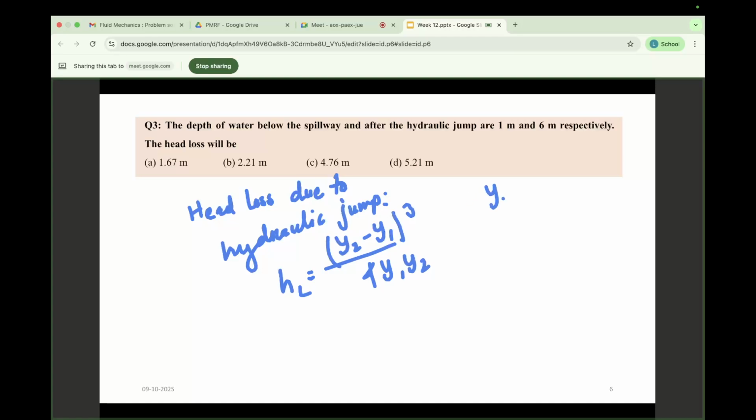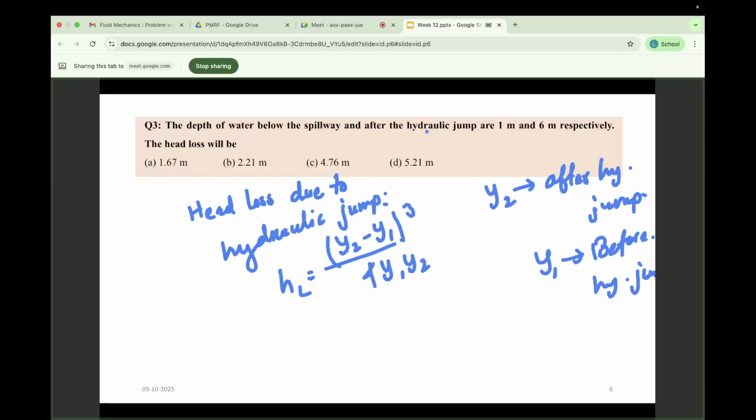Y2 means the depth after the hydraulic jump, and Y1 is the depth before the hydraulic jump.